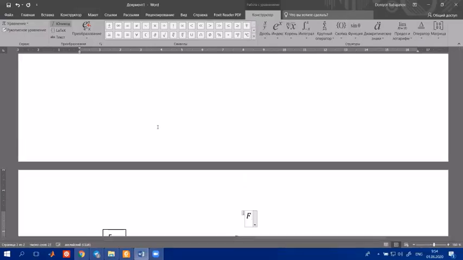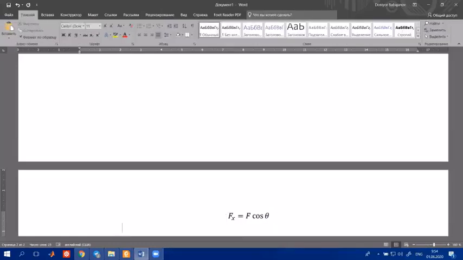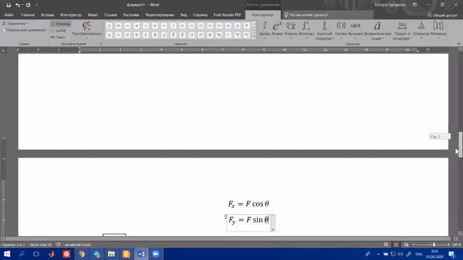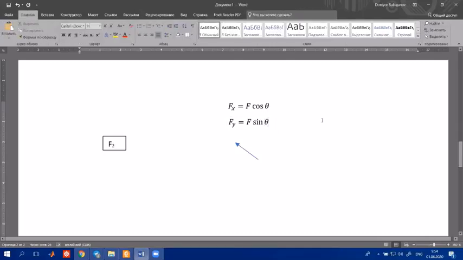So Fx is F cosine theta. Theta is the angle between the vector and x-axis. And Fy can be found by using F sine theta. This is y component of a vector.